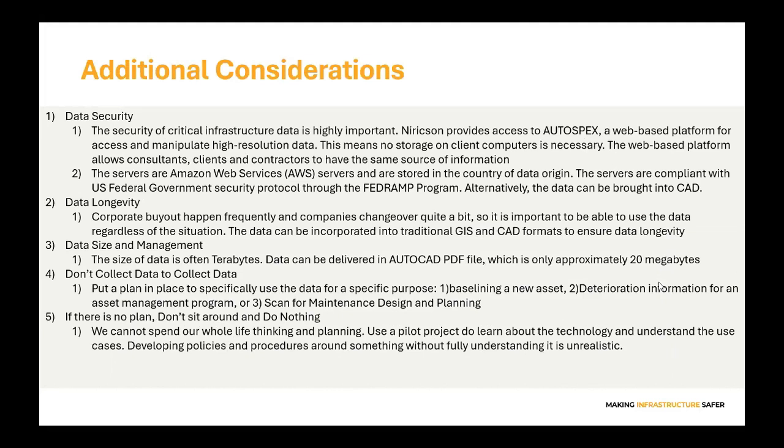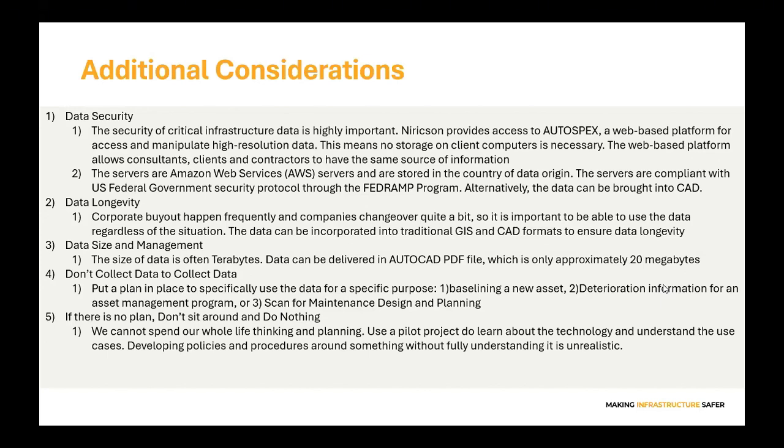Just some additional considerations here. Some really important things that our clients focus on. Data security is highly important. Having the data stored in a particular way that's preserved through time is also very important for us.